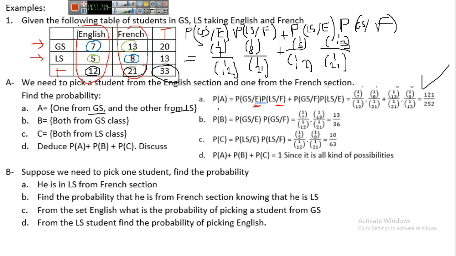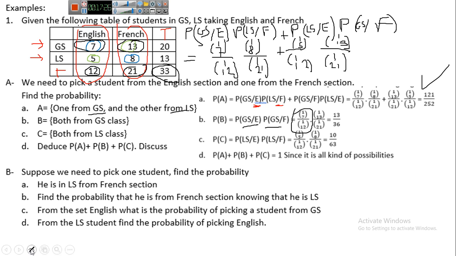I want both students from GS class, both from GS. So it is GS English and GS French. I say it is GS knowing English, because I want to pick one from English, and GS knowing French. In English, how many GS do I have? I have 7. So 1 out of 7 over 1 out of 12.